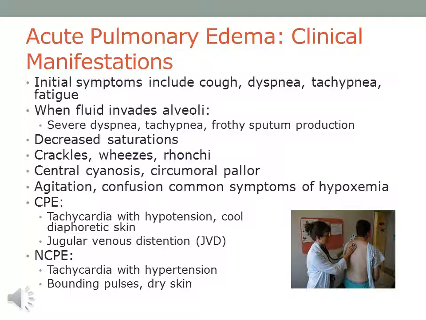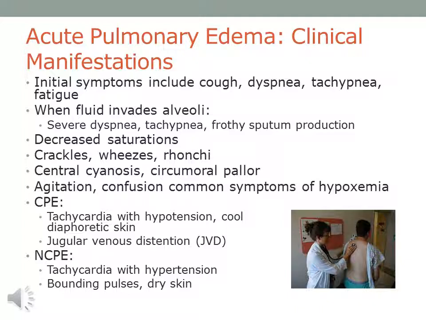So you can see there's a difference between what the patient looks like with cardiogenic and non-cardiogenic. We still have some common ones: the cough, the fatigue, the crackles, anything that would deal with the fluid in the lungs, but the origin is going to be different when it comes to the different symptoms. With cardiogenic, we're talking about tachycardia with low blood pressure, but with non-cardiogenic, we're talking tachycardia with high blood pressure.